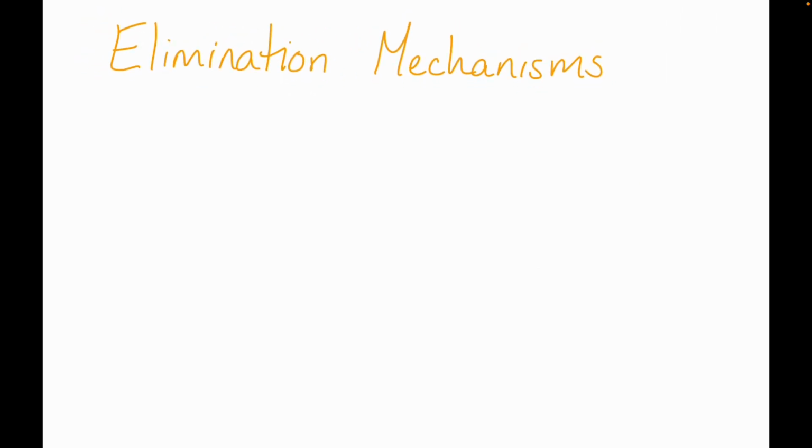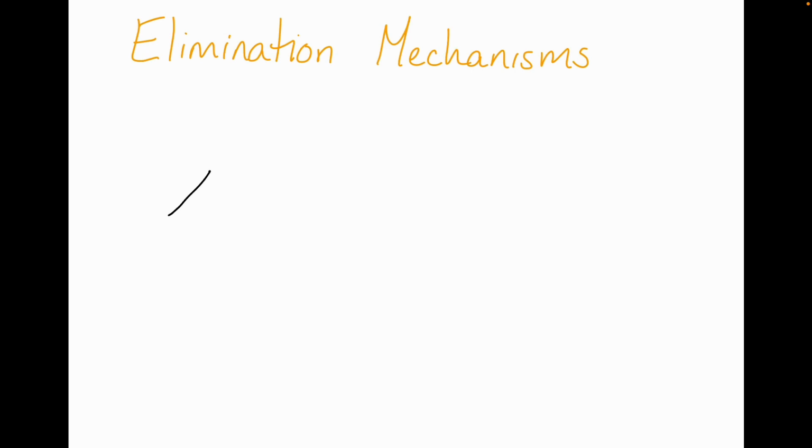All right, so now let's talk about our mechanisms for elimination. We're just going to take an example alkyl halide here, and combine that with some generic base to produce an alkene.